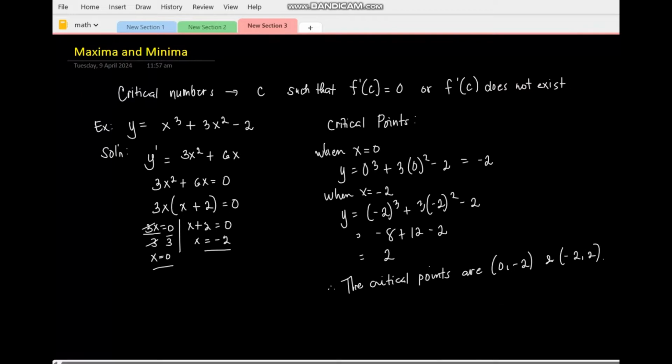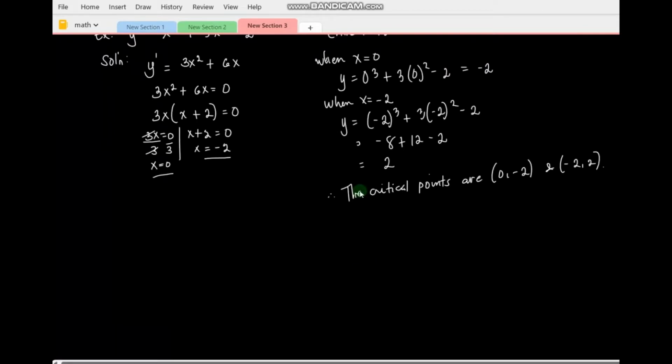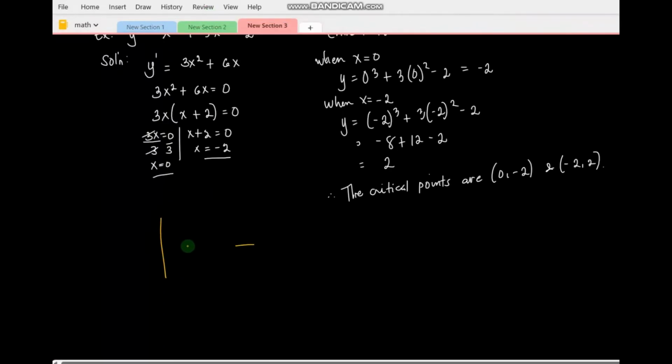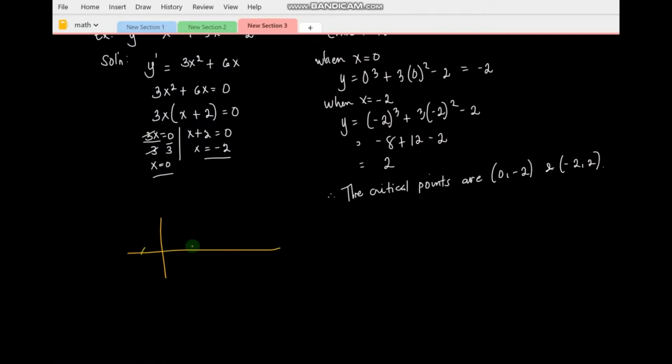Let us recall here that if we have this graph, for example, this point is a relative maximum.